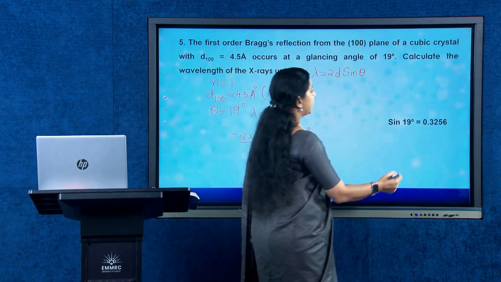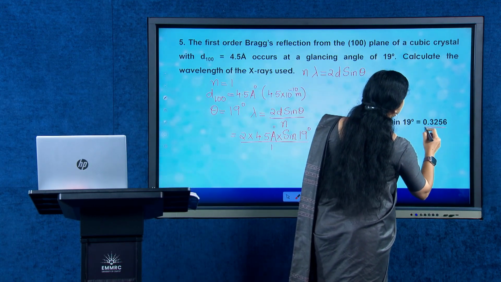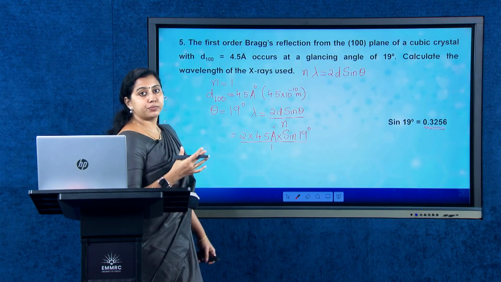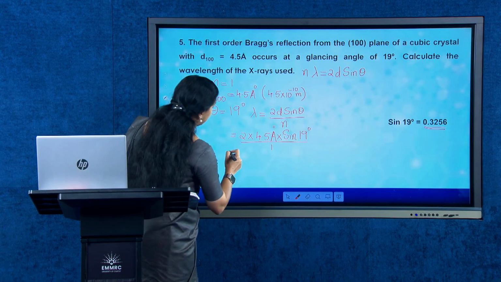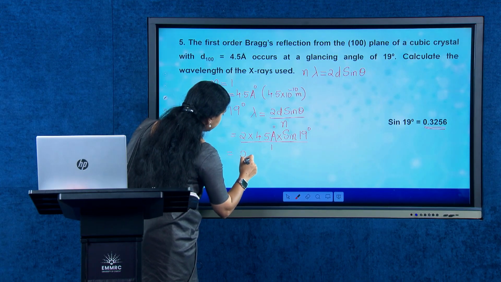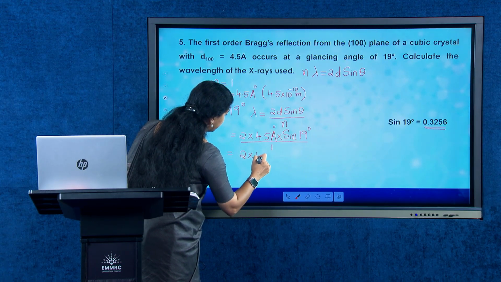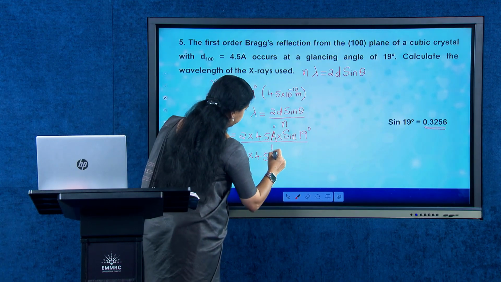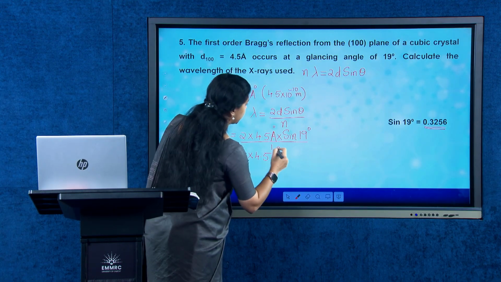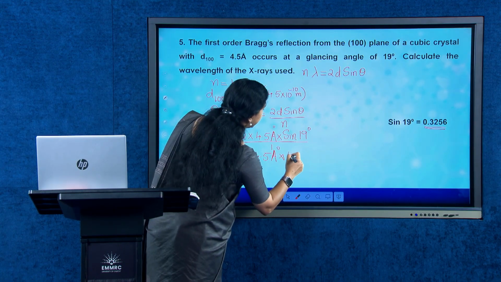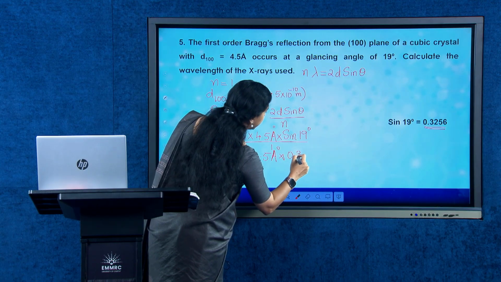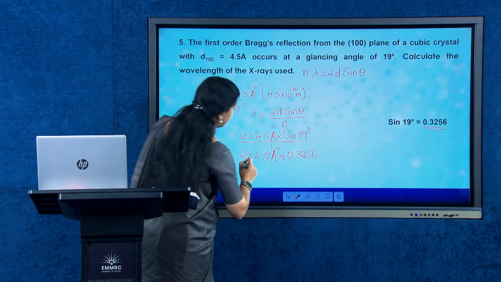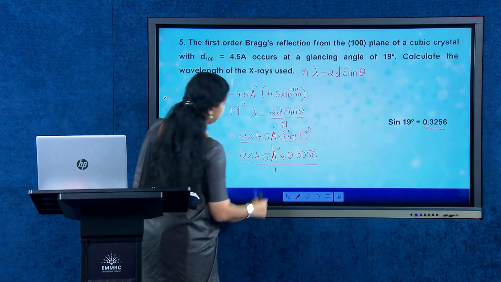Now, sin 19 degrees is equal to 0.3256. So, you can substitute the value of sin 19 degrees. So, that is equal to 2 into 4.5 angstrom into 0.3256 divided by 1.